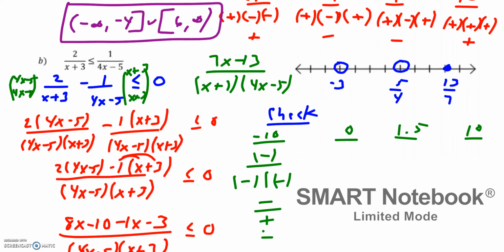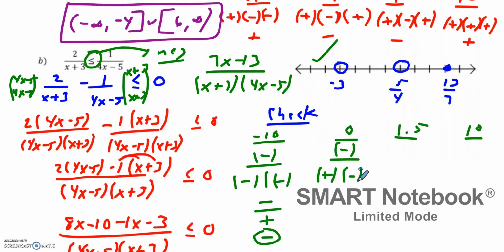So this whole thing is negative. I want less than or equal to 0, so I want negative results. So this works. If I plug 0 into this, I get a negative result in the numerator. 0 here is positive. 0 here is negative. So we have negative divided by a negative, which means I have a positive result. So this does not work.